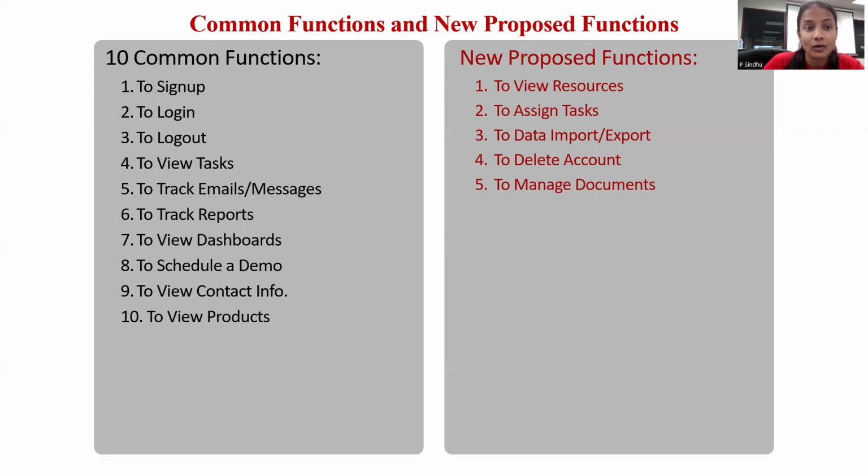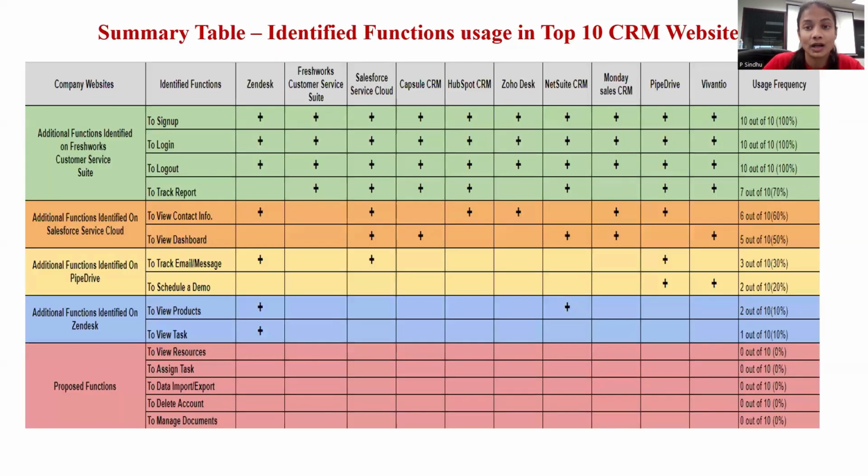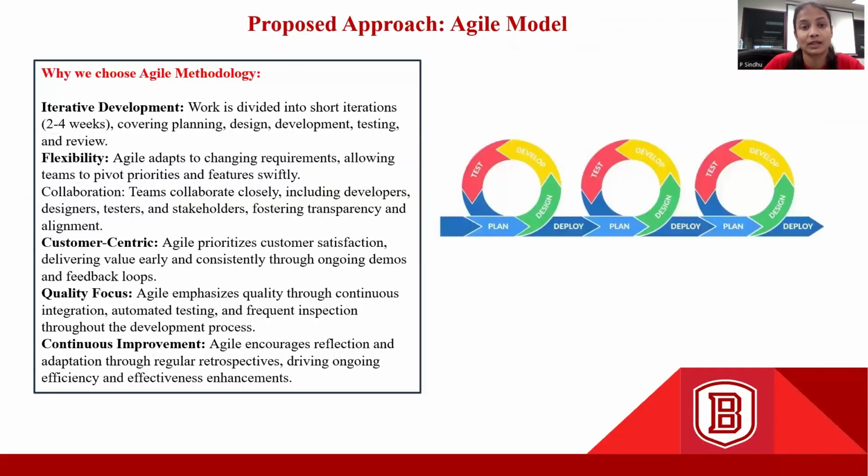The common functions used in all the systems are to sign up, log in, log out, view tasks, etc. Again, we have proposed new functions such as assigning tasks, data import and export, and managing documents. Now we have created a frequency table for the common functions as well to understand the usage in the top 10 CRM websites.